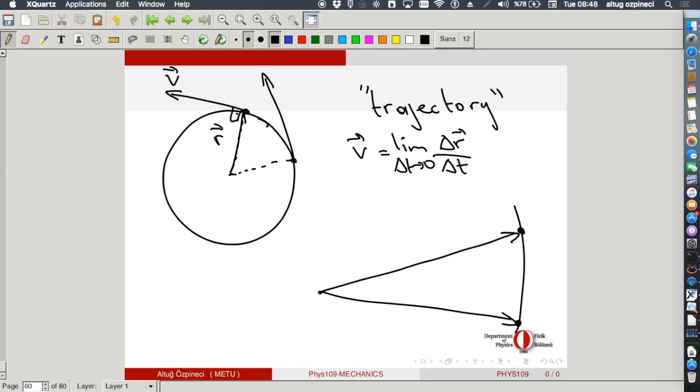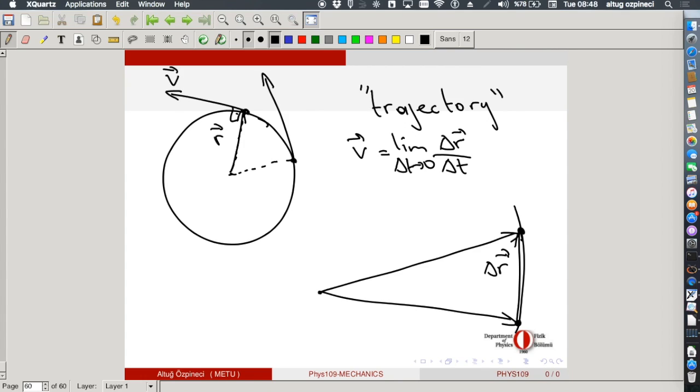What is the displacement vector? It started from here, it went there. So this is the displacement vector. This is delta r. Now the average velocity vector is proportional to this delta r divided by delta t, which we took to be positive, because this is the initial time and this is the later time.